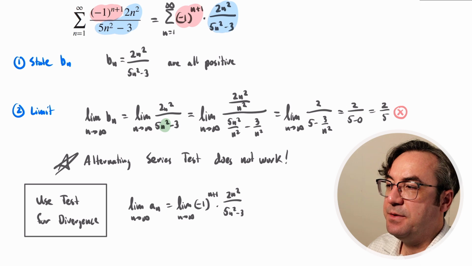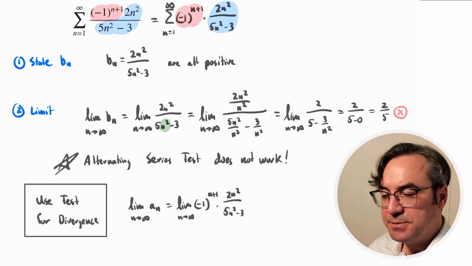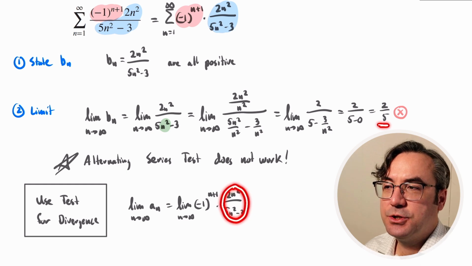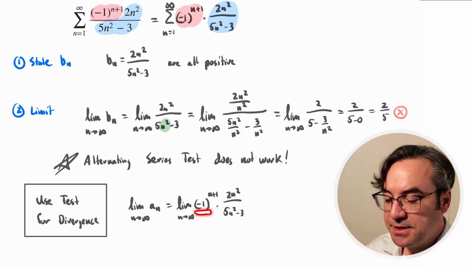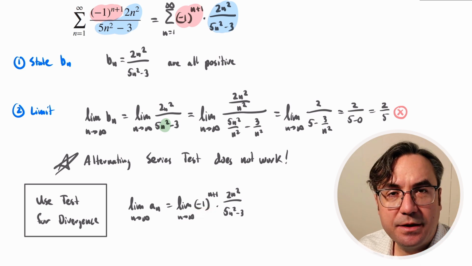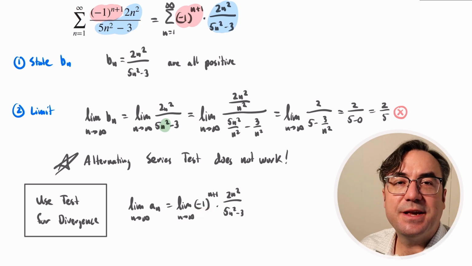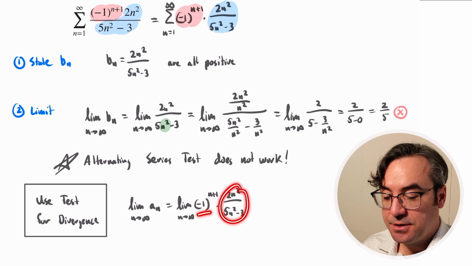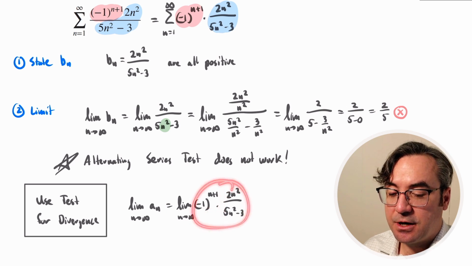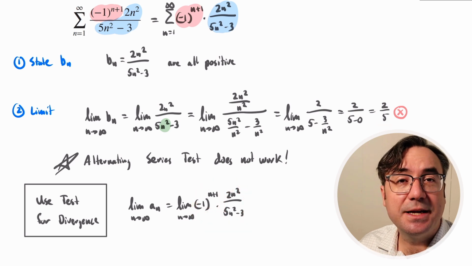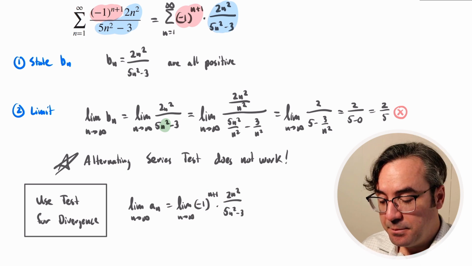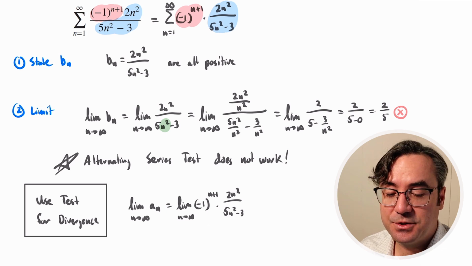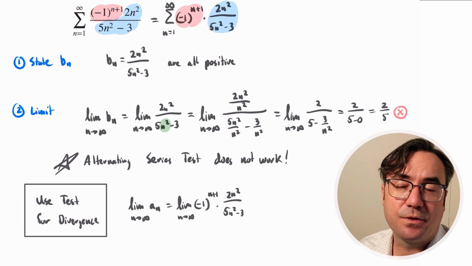And we've looked at these types of things before. So if the non-alternating component is not approaching 0, what happens is when we throw in this extra alternating component, some of the terms in this entire sequence are headed to positive. They're approaching positive 2 over 5. But then some of the other terms are heading towards negative 2 over 5.